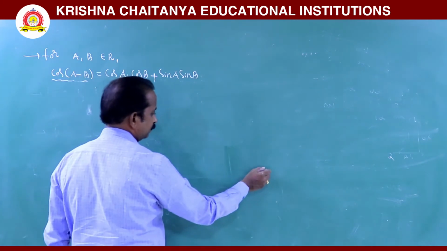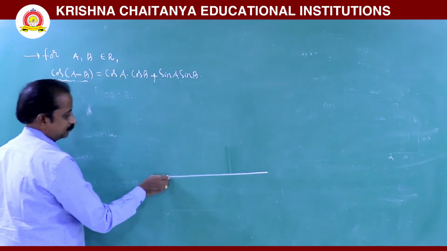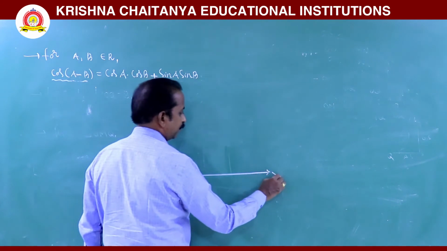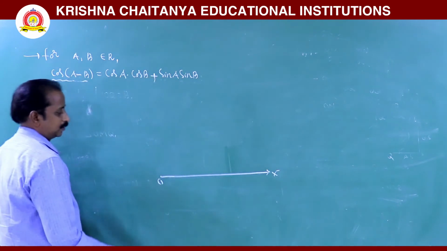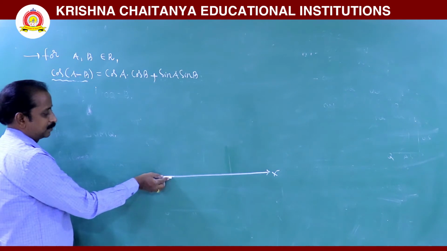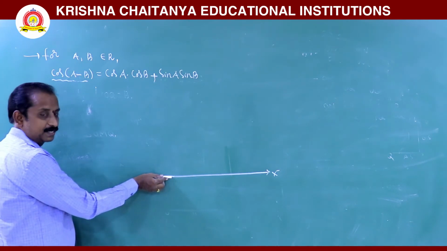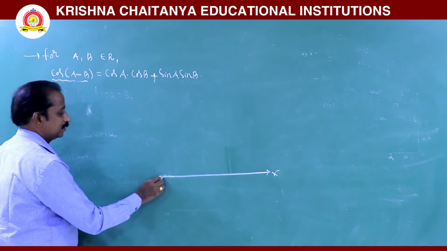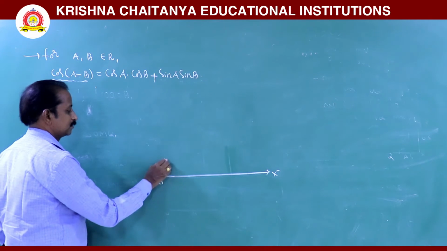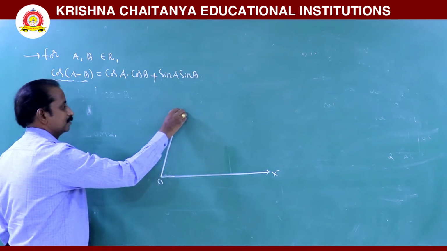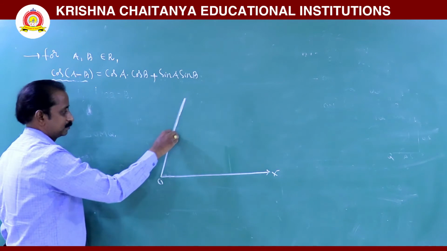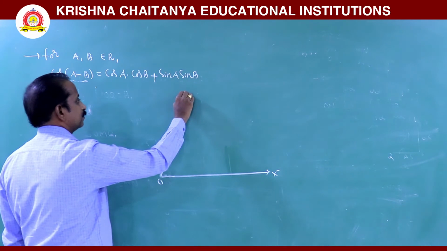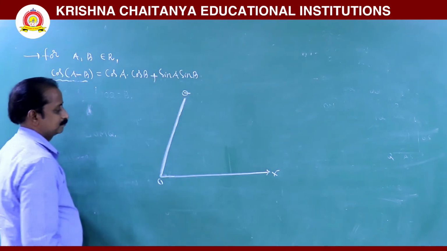Consider the OX line, the x-axis. If you consider this as the initial ray, it measures in the anti-clockwise direction from the initial ray to the terminal ray OQ, for example.